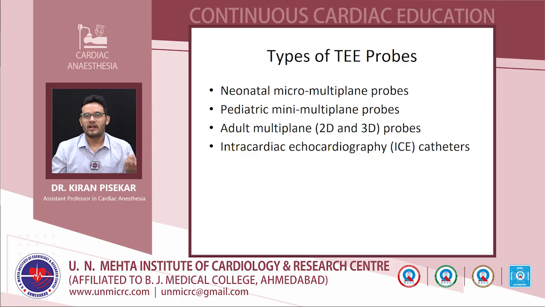Newer 3D probes have around 2500 elements, but the pediatric probe has fewer elements, maybe 32. Adult will have 64 elements. Depending upon the elements, it will give us the image clarity, so the image output depends on the elements.